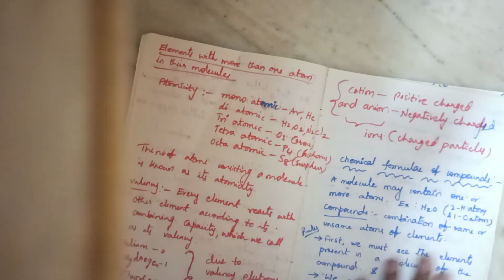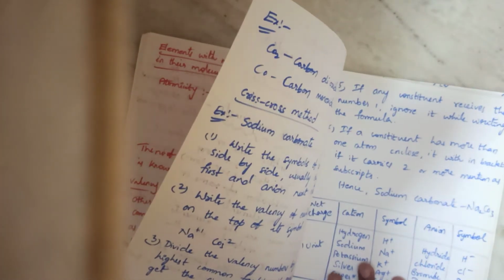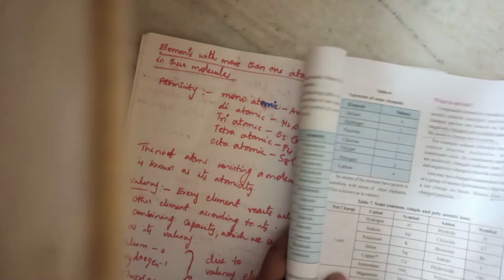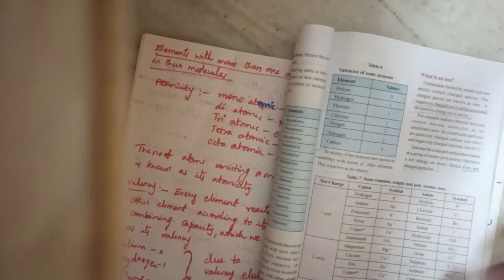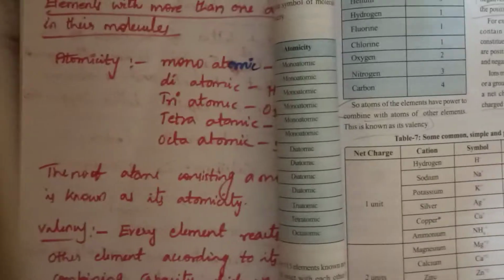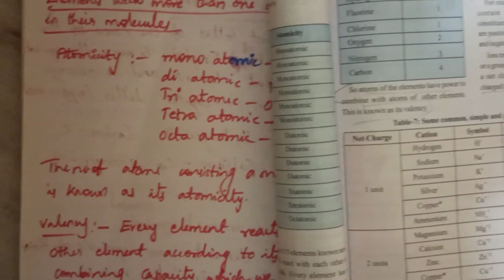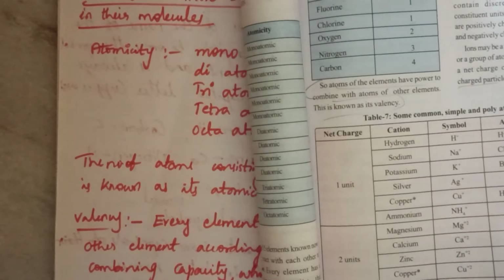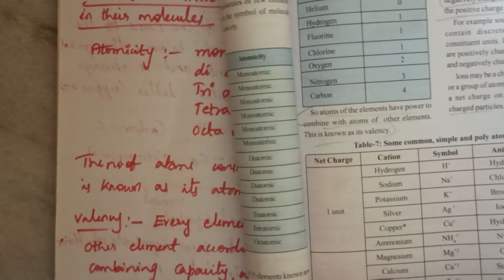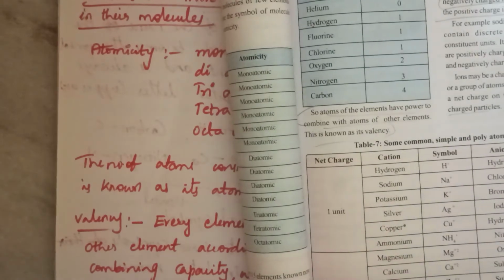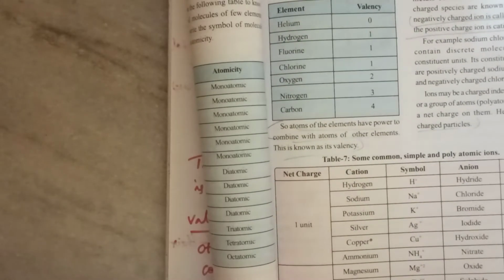Ions mean charged particles. Each individual atom has its own atomicity. So here, children, atomicity and valency: hydrogen, symbol H, is a positively charged cation.